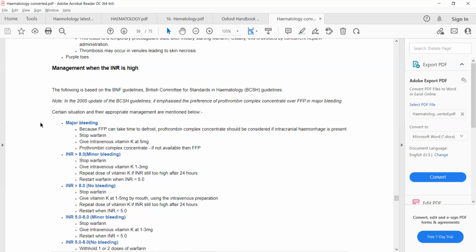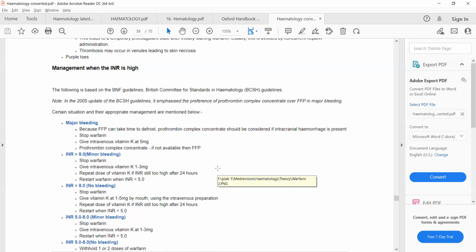The general point that you need to remember about the management of high INR is that if there is minor bleeding or if there is no bleeding and INR is more than 8, then we will use vitamin K. In case of minor bleeding, if the INR is above 8, we will give intravenous vitamin K. Because it's a minor bleed, we'll give reduced quantities of vitamin K, that is between 1 to 3 milligram.